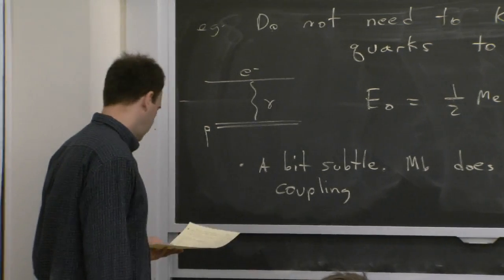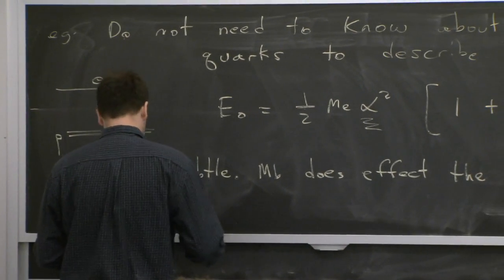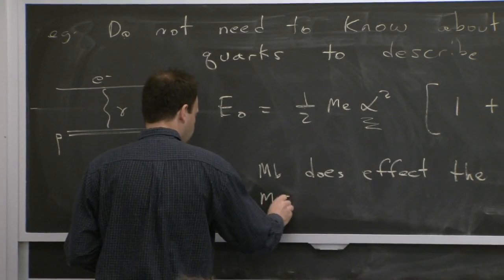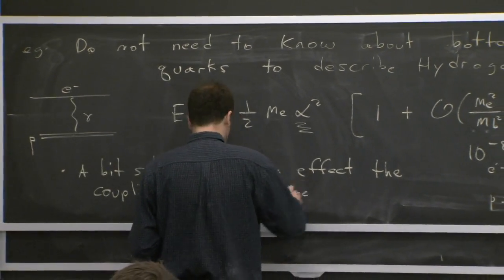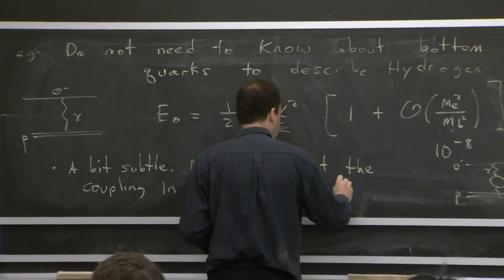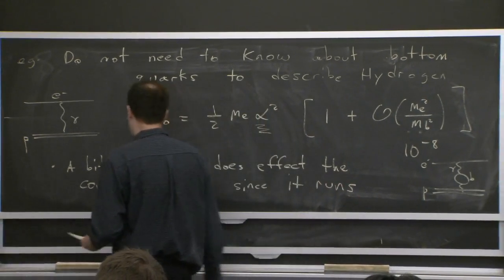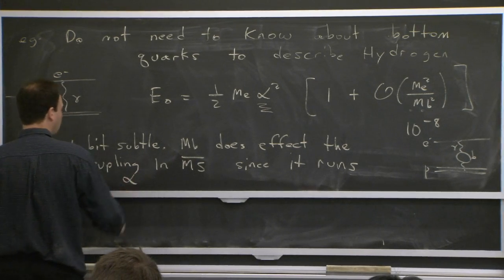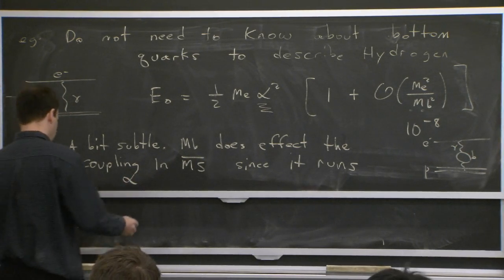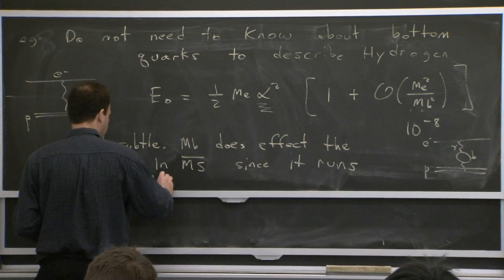And so the B quark, therefore, can affect the coupling if you worked in, for example, the MS bar scheme, since it contributes to the running of the coupling. In particular, for the electromagnetic coupling, if you ask what that coupling is, it has a different value because it runs.